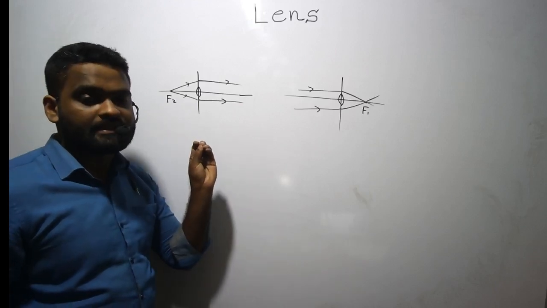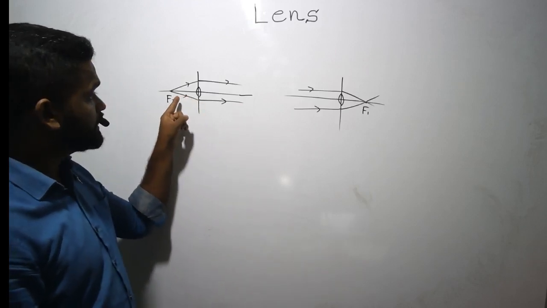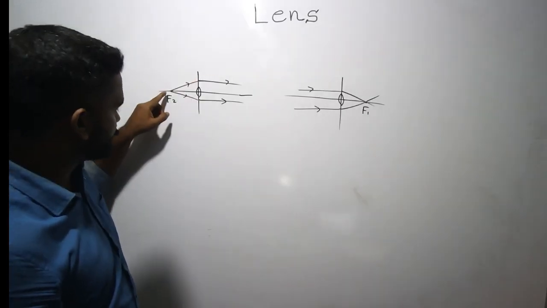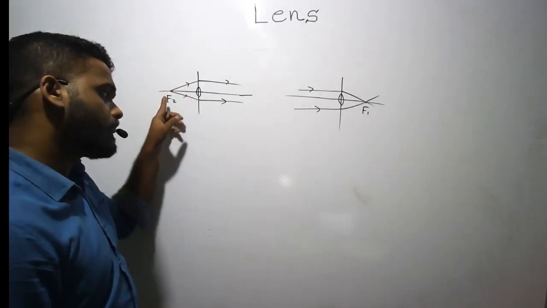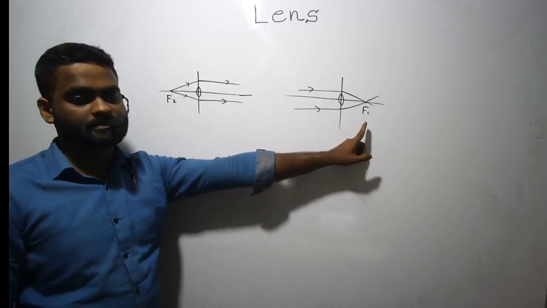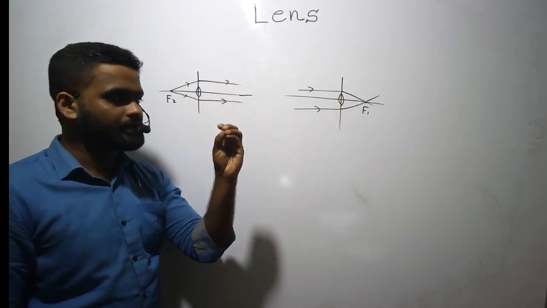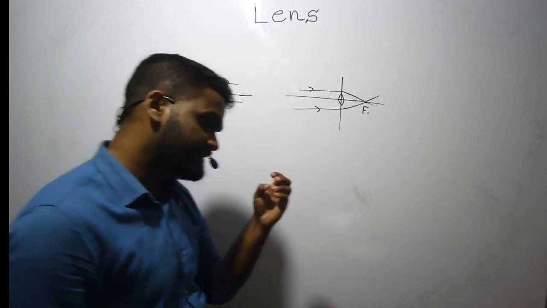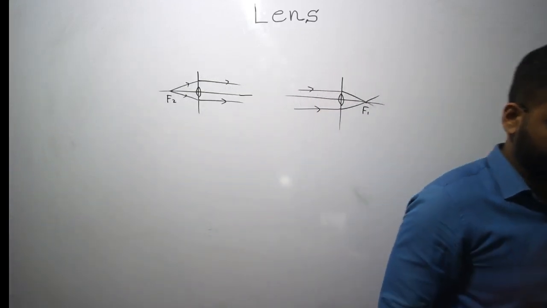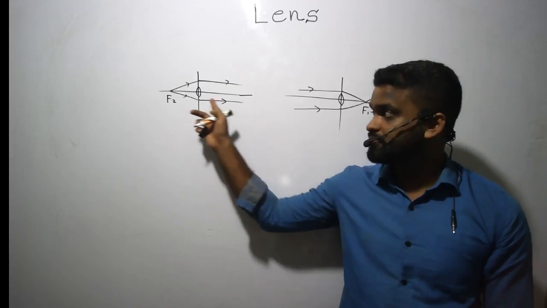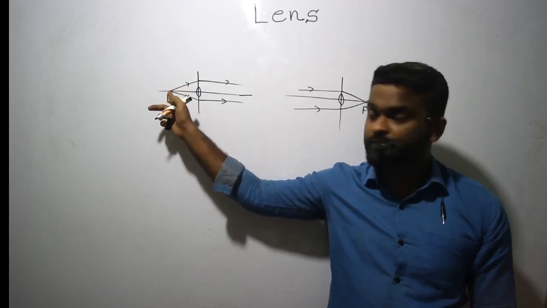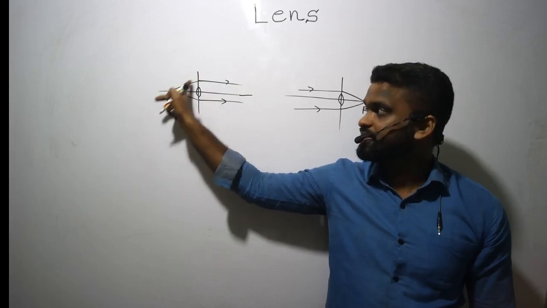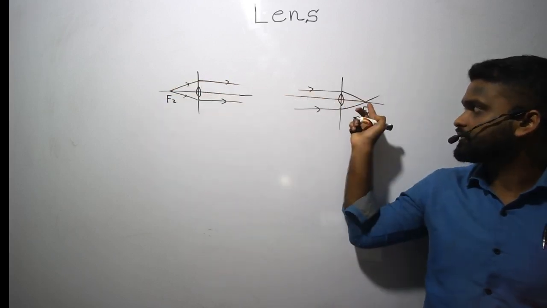Another important thing you can understand is that the rays actually go through both focuses, right? So we call these focuses of a convex lens real focuses, because the rays actually go through these focuses. You can understand, right? These are not dashed lines. The rays actually go there to the focus.